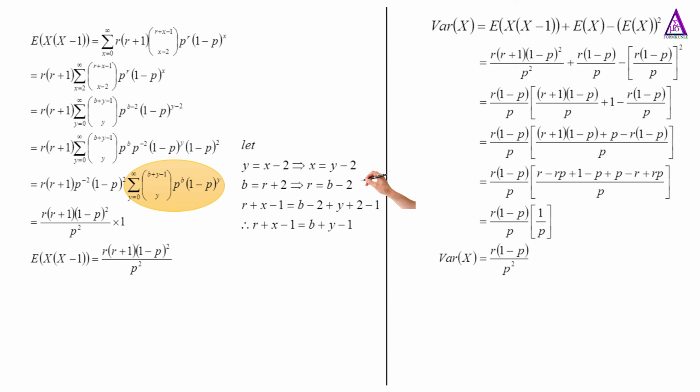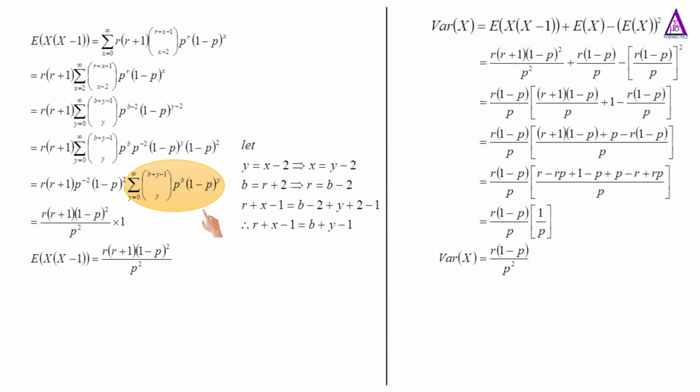By expanding this equation, we have this equation, and we know that the summation y ranges from 0 to infinity of the combination b plus y minus 1 choose y, p raised to power b into bracket 1 minus p raised to power y, is the probability distribution function of the negative binomial.